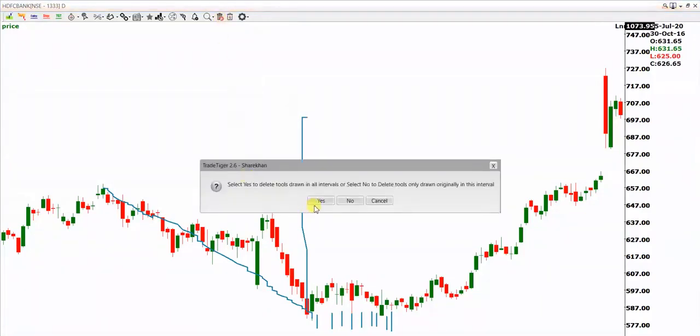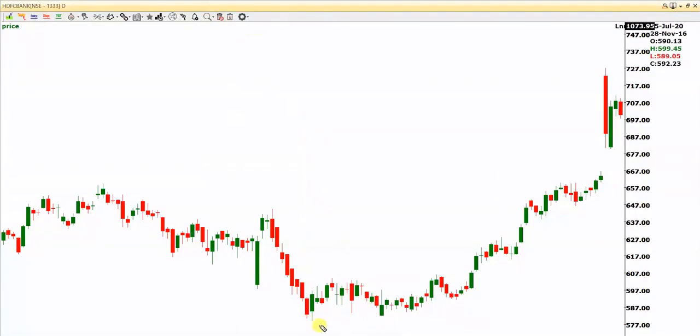Once big players start to grab it at a fair price, rather than moving downside, it will start to trade sideways, right? Why? Because big players are accumulating and the buying is absorbing all the big selling. I hope now you got the point of why it started to trade sideways.